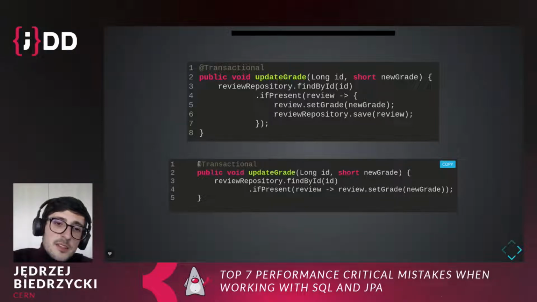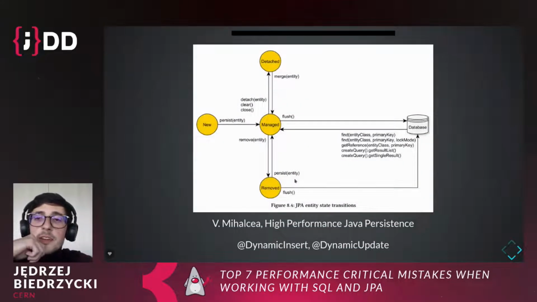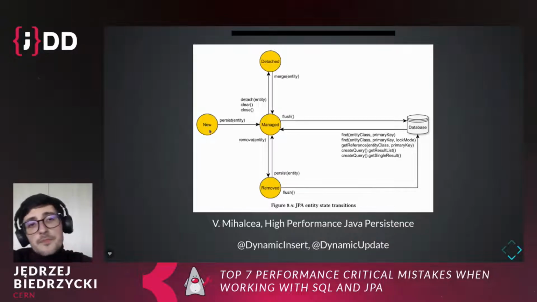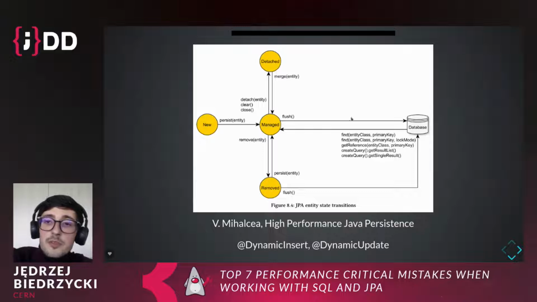The magic lies in this transactional annotation over the method. To understand this, we need to take a look how Hibernate, or how JPA in general, manages entities within a transaction. If you create a new entity, then it's in the new state. If you persist it, it transitions to the managed state. The same state it has when we fetch it from the database.